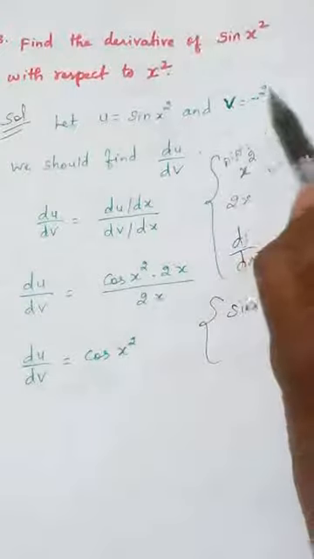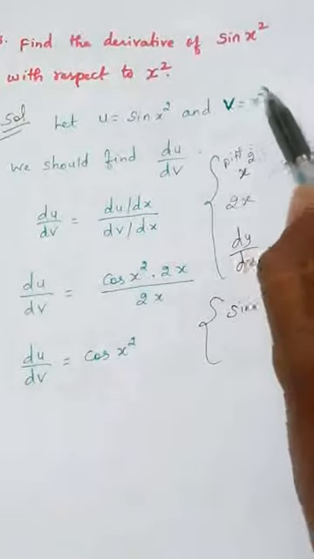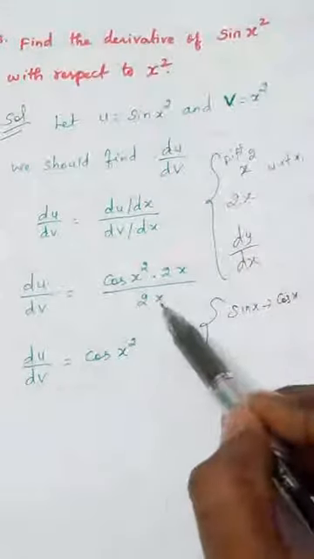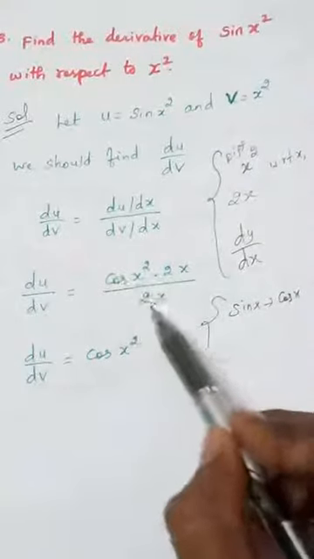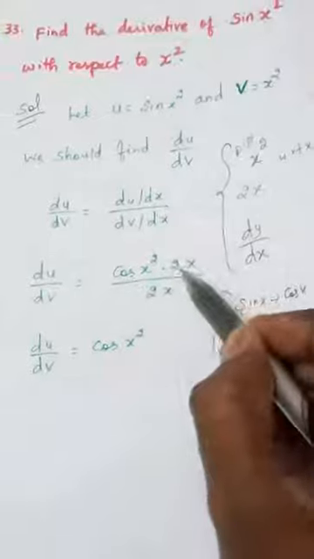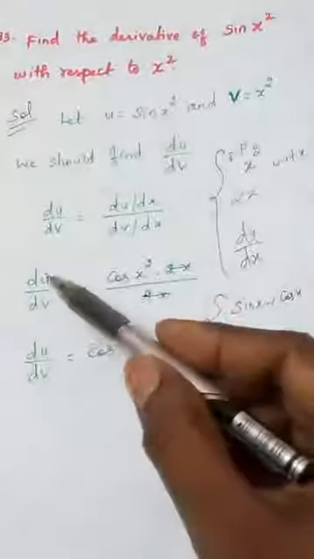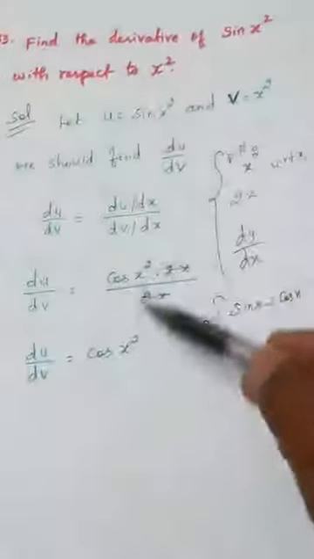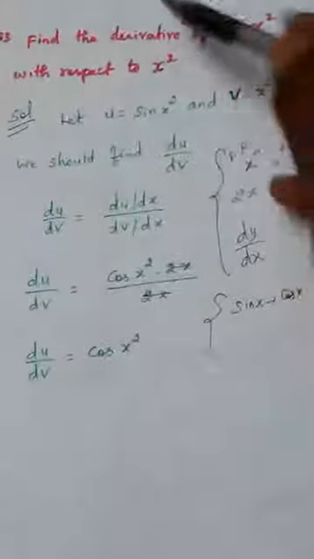The answer is 2x, right? So this is du by dx, and this is dv by dx. Cancelling 2x in the numerator and denominator, the final answer for du by dv is cos x square. That is the answer to what they have asked.